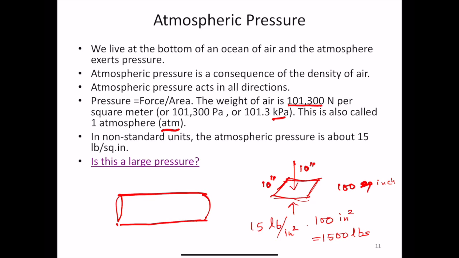And so the pressure inside is lower than atmospheric. The pressure outside is atmospheric. So what happens is that there is a pressure difference between the inside and the outside, right? And if you multiply that pressure difference by the area of the compartment, then you get the force, right?